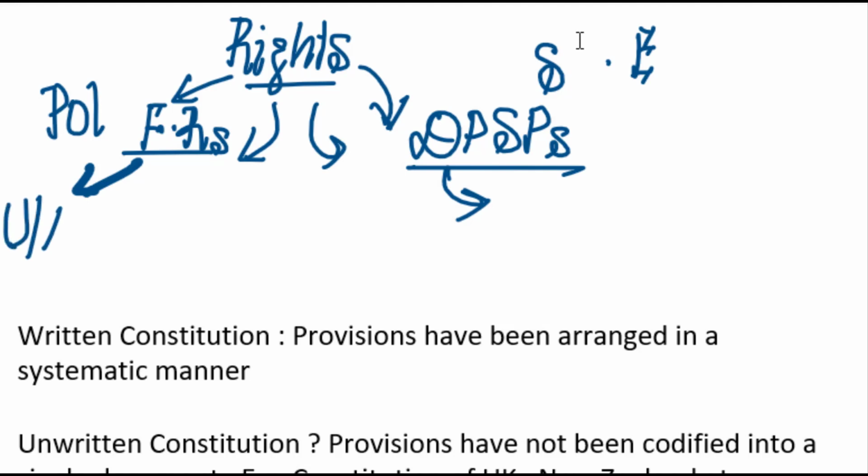Article 17 abolishes untouchability. Well, to abolish untouchability, mostly it was the political will which was required.